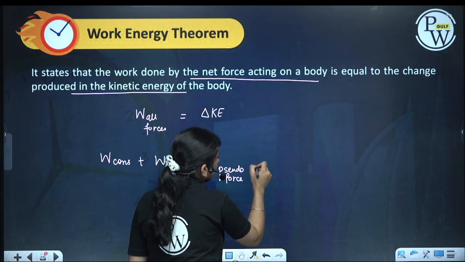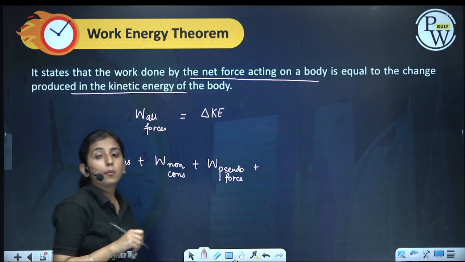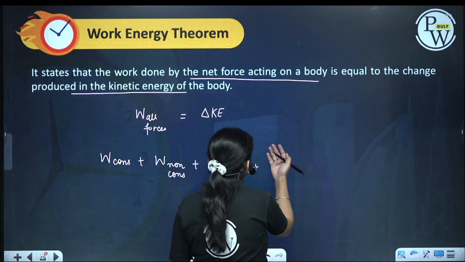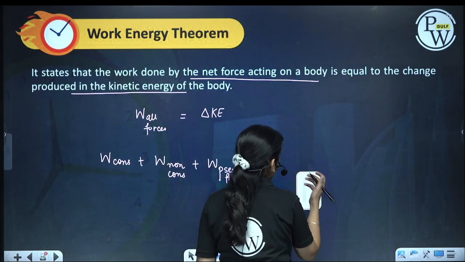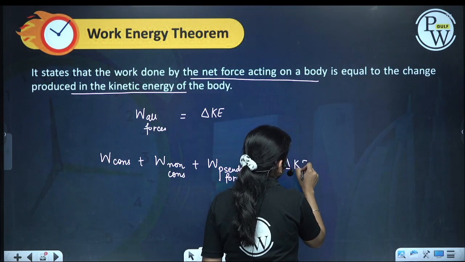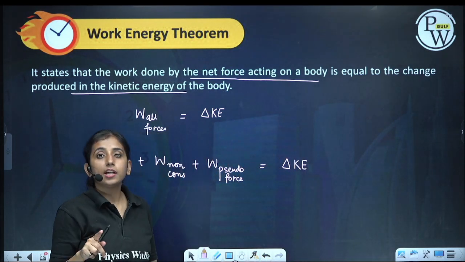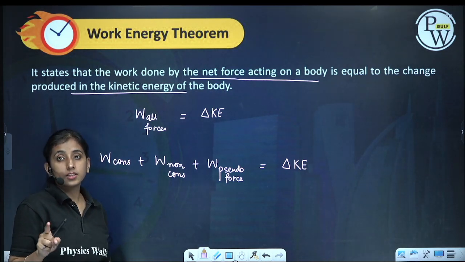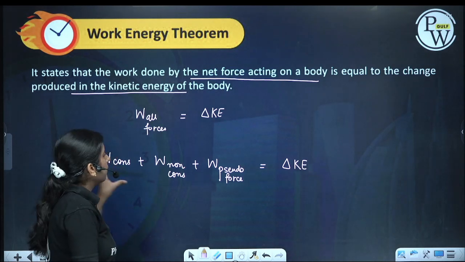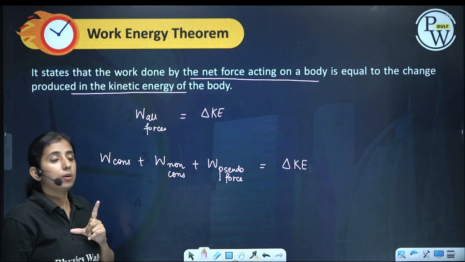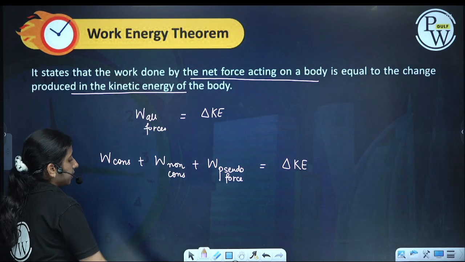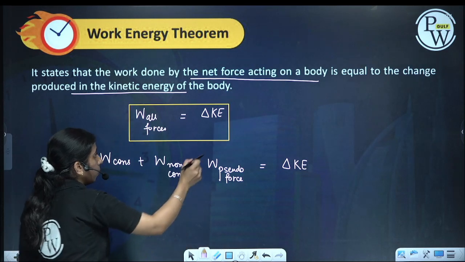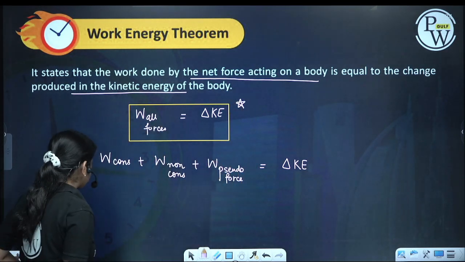So all types of forces, whether conservative, non-conservative, or pseudo force, the work done will be equal to change in kinetic energy. This is the work energy theorem.